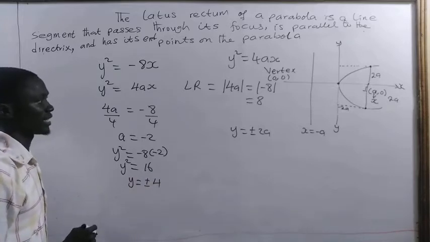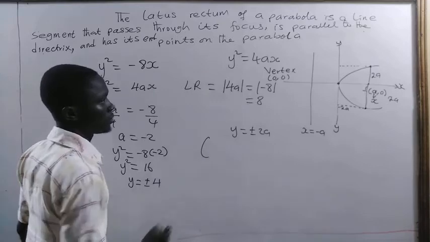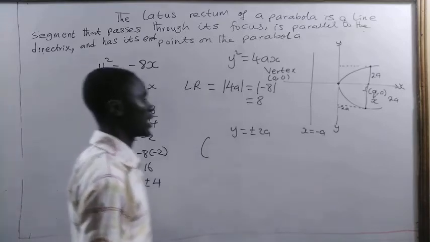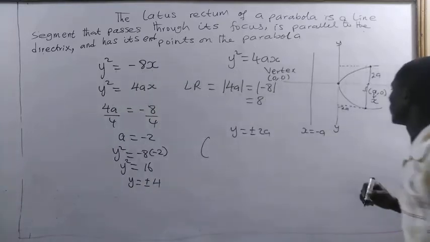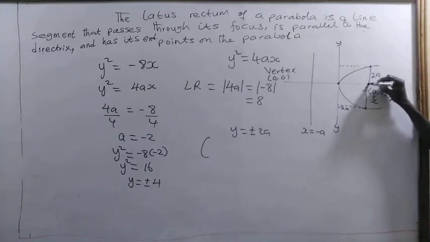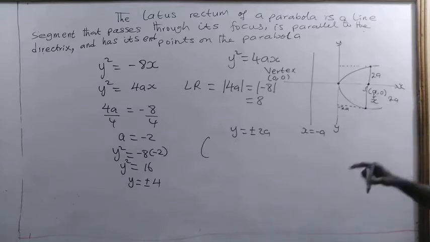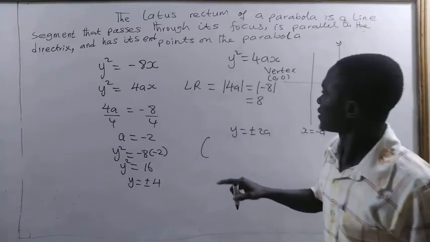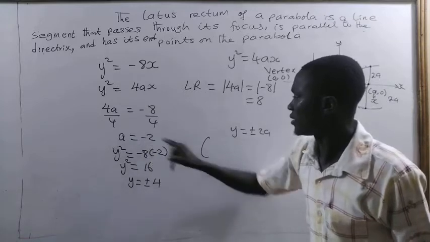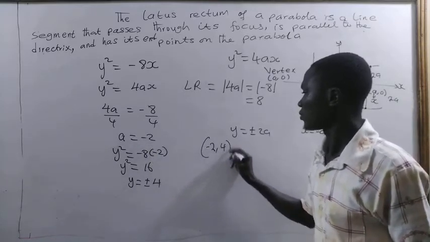So here we can write it as this one. How do we write the endpoints? So here you see that at this point, this will be the x coordinate, and we've even said that it is a. So here, since x equal to a, we are going to have negative 2, positive 4.